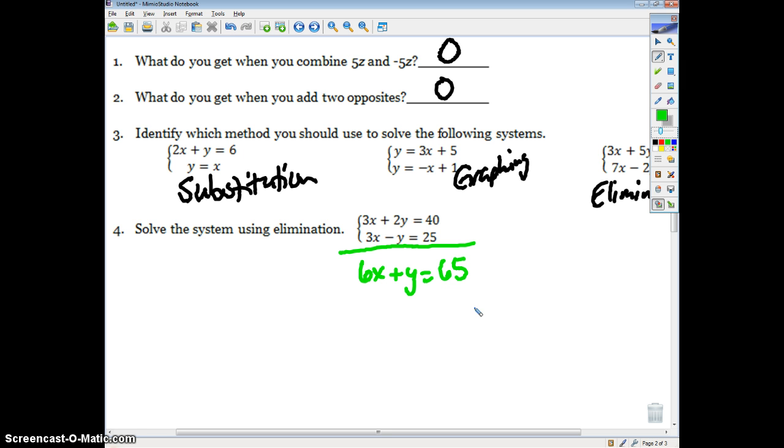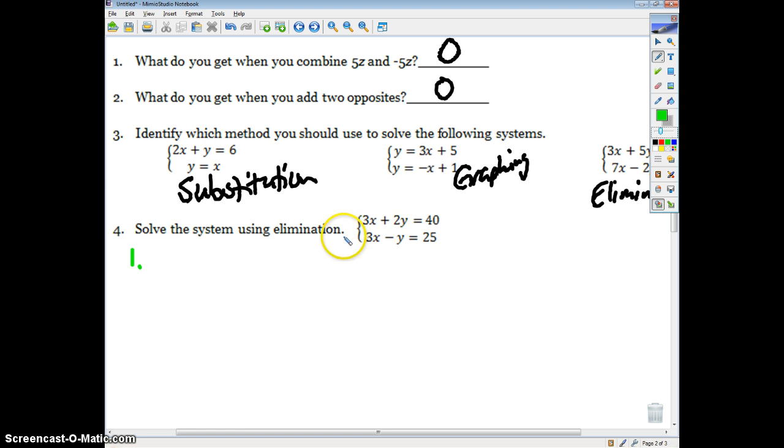Or more importantly, what didn't happen? Neither of the variables canceled out, so that didn't work. Okay, like I said, I'm going to do this 2 different times. One time, if you actually recognize that subtraction will work, and then another time if for some reason you don't recognize that. Okay, so this is attempt number 1.